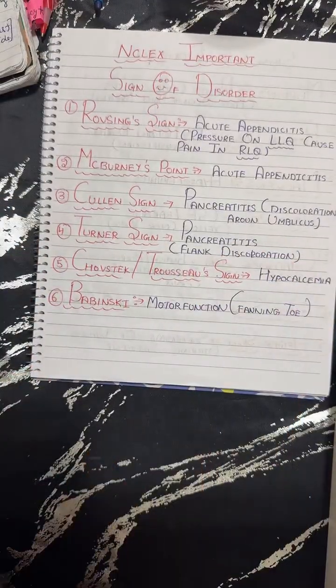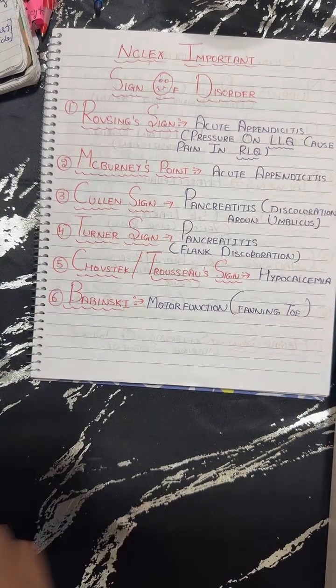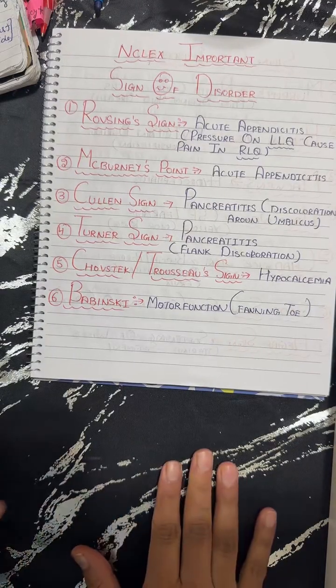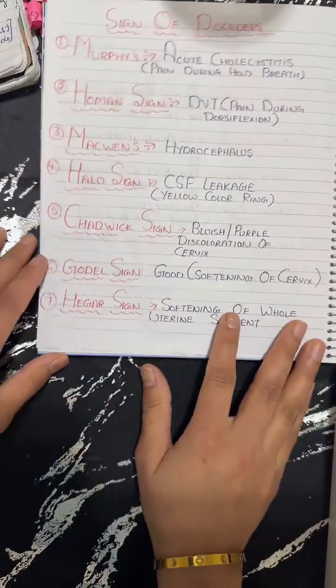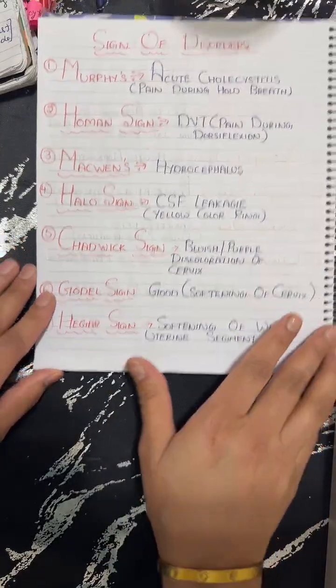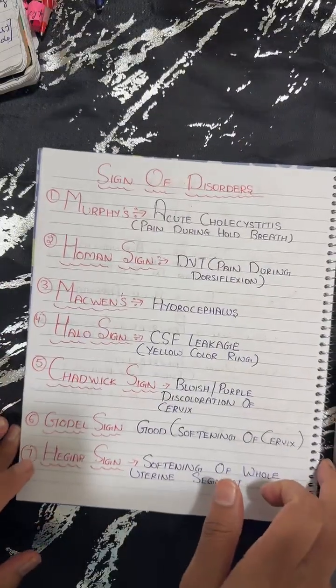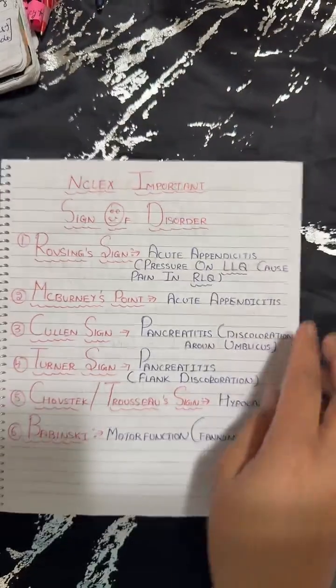These are the hallmark signs like McBurney, Cullen, Turner, Babinski. Just take a screenshot.